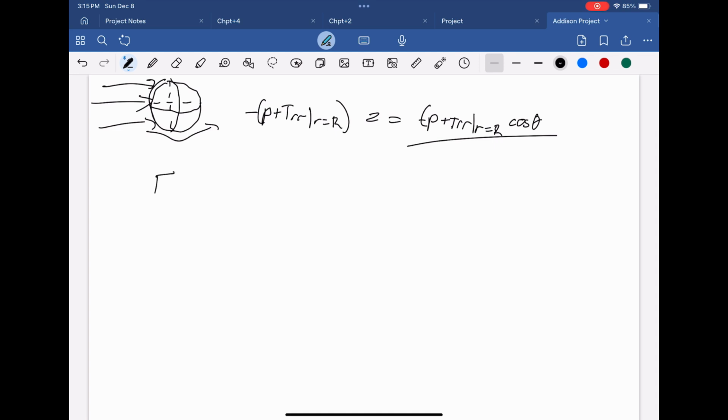We're going to multiply this by the surface element for the sphere, r squared sine theta d theta d phi, and we're going to get this integral, where r is equal to big R, cosine theta, r squared sine theta d phi.